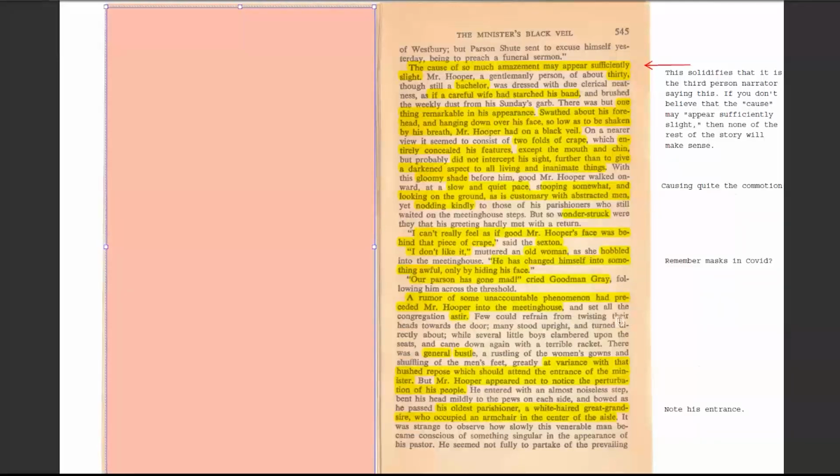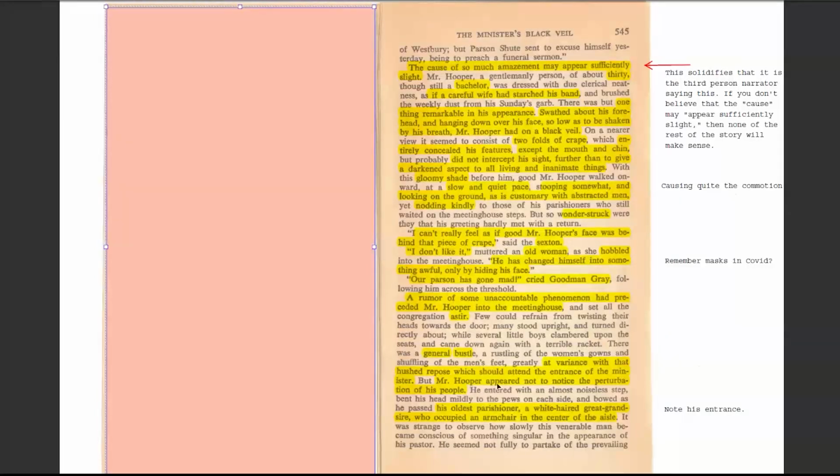Few could refrain from twisting their heads toward the door, which means they're not supposed to look at the door. They're supposed to keep their eyes front, where he's going to end up preaching to them. But only a few could really refrain from doing that. Many stood directly, and little boys clambered up on the seats and down again with terrible racket. There's a lot of commotion going on.